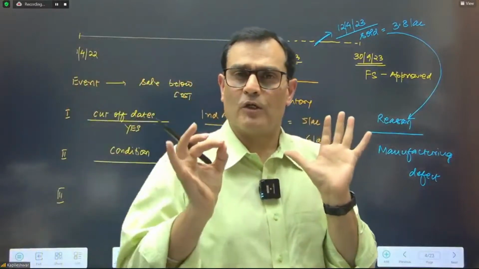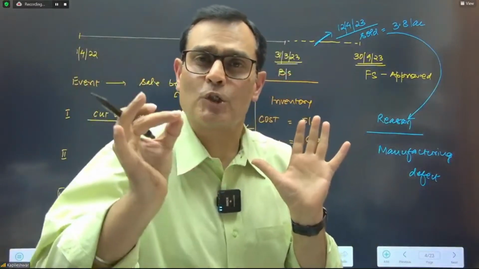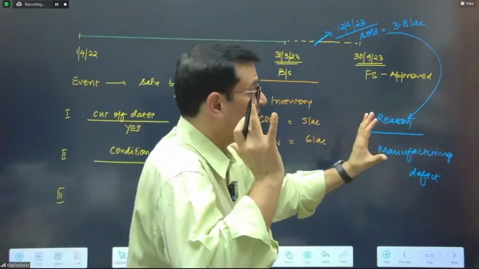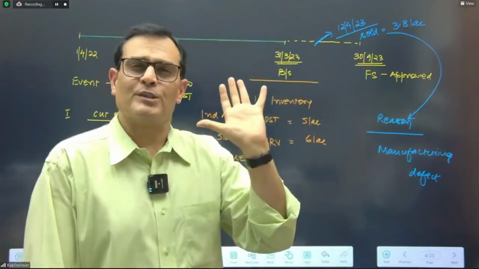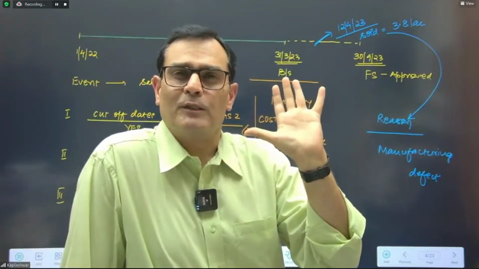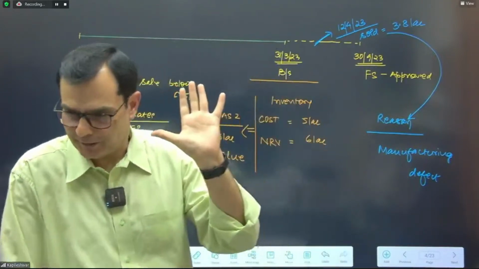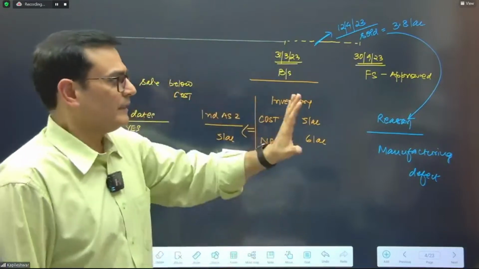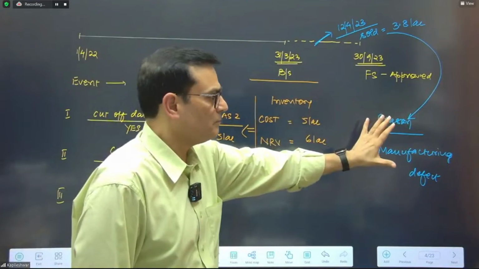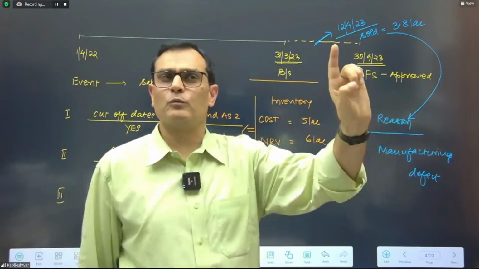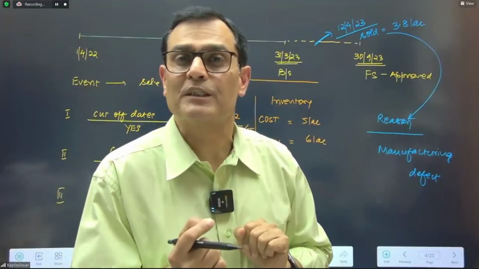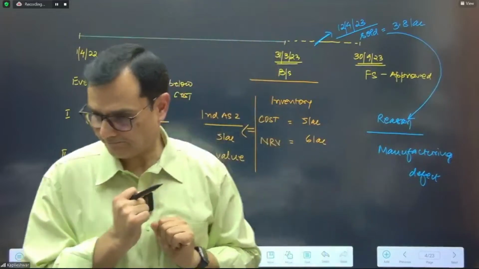The cause of the inventory sold below cost is the manufacturing defect. So was that condition present on the balance sheet date or not? Can we say that the reason, the manufacturing defect, was present on the balance sheet date? It's a manufacturing defect in the inventory.